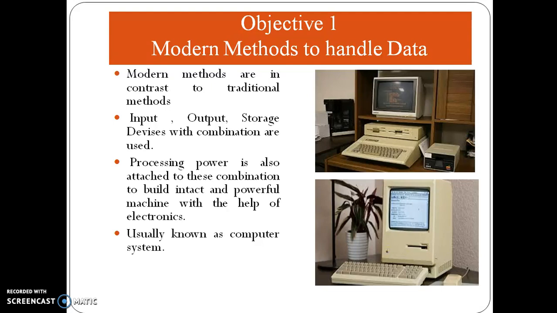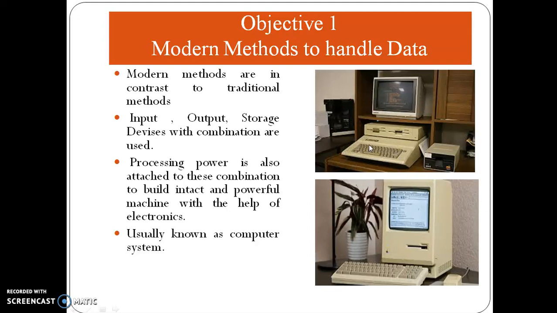It is the slide of modern methods to handle data, in which instead of paper there is a screen given to you on which I have written something, and instead of a pen writing on paper, I have a device which will record my information on the screen. So this particular screen is usually known as an output device, and this particular pen is usually known as an input device.